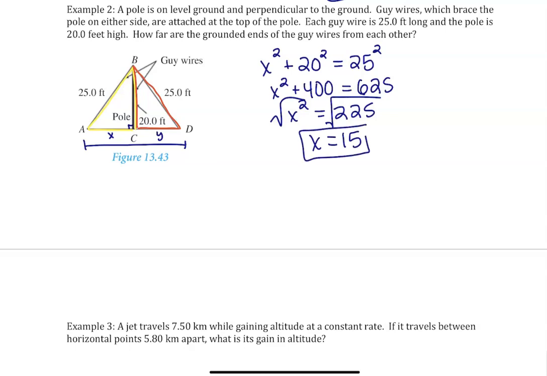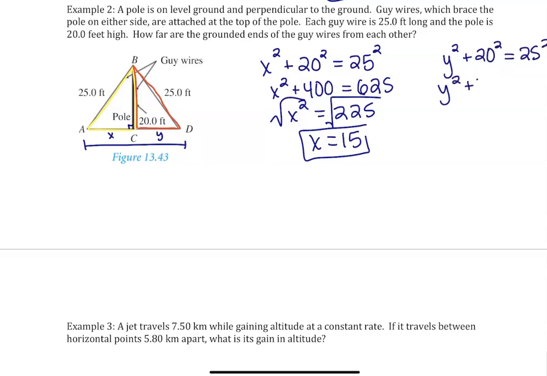Now we really don't have to do this again for Y because it's the exact same triangle. You still have a leg of 20 and a hypotenuse of 25, but if you wanted to, do it again, because this will not always be the case. We won't always have these two lengths being the same. So if you needed to split it up doing two triangles, you could. Y squared plus the other leg squared equals 25 squared.